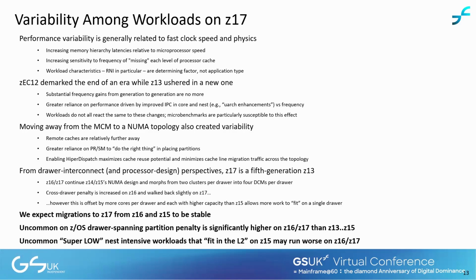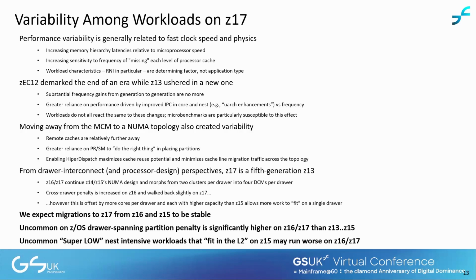It's an artificial benchmark with a different characteristic, maybe hitting 95% of the time in the level 2. If you take that same benchmark and run it on the Z16, with level 2s 4 times bigger, it's going to do the same thing. It's going to hit 90 to 95% of the time in the Z16 level 2 as well. So there's no benefit realized from the larger shared caches that you're not going to utilize with this tailored benchmark.